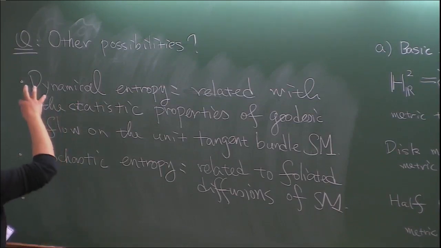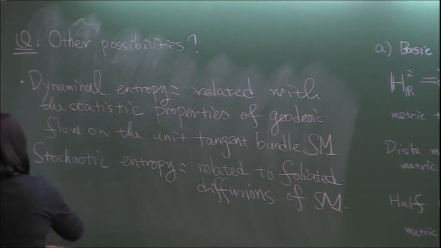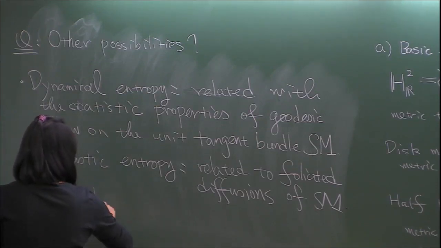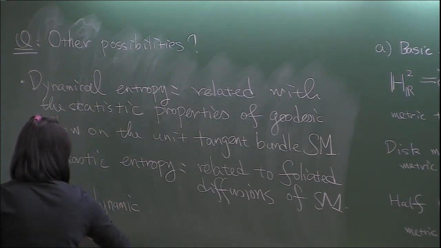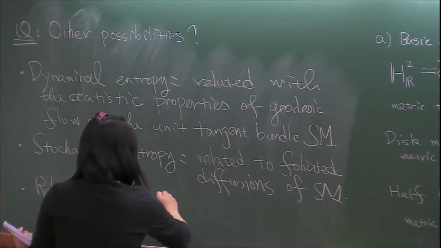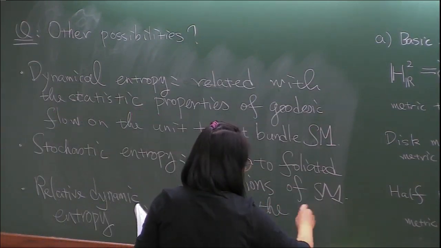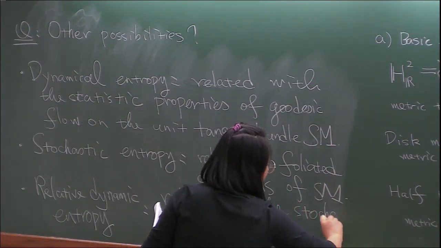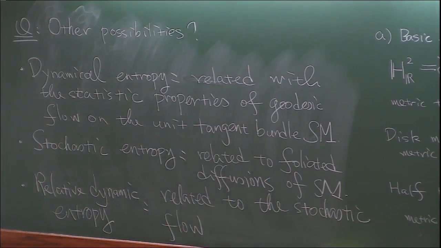So we will use the dynamic point of view to consider the diffusions. That means we will consider this kind of relative dynamic entropy part, which is related to the geodesic, to the stochastic entropy arising from these diffusion things.